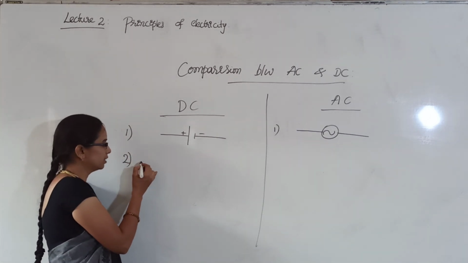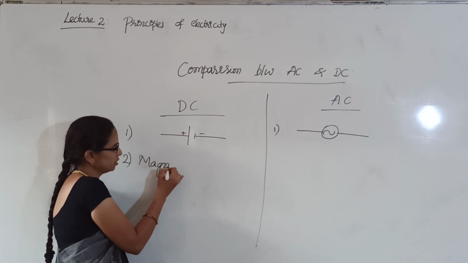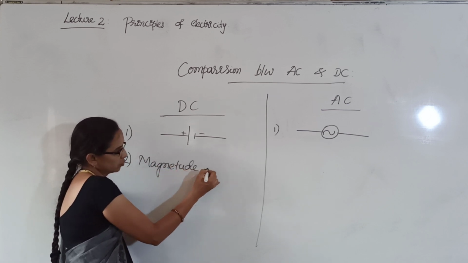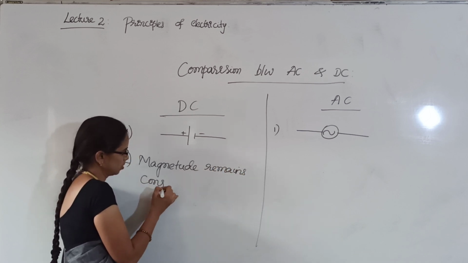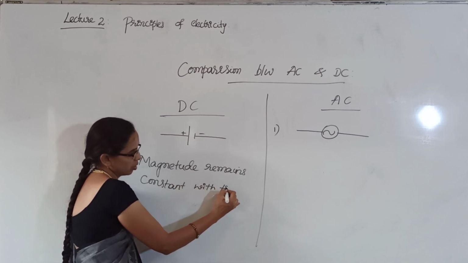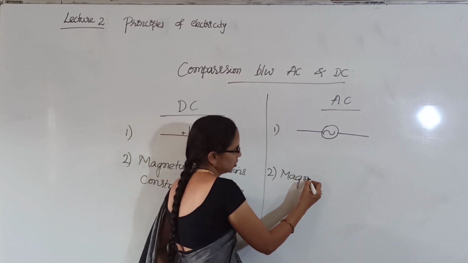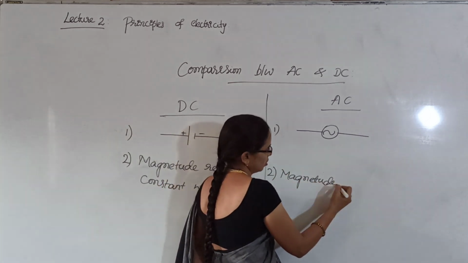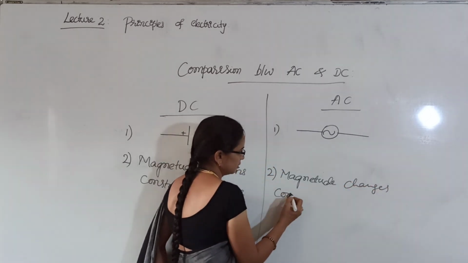In direct current, magnitude remains constant with time, whereas in AC the magnitude changes continuously.